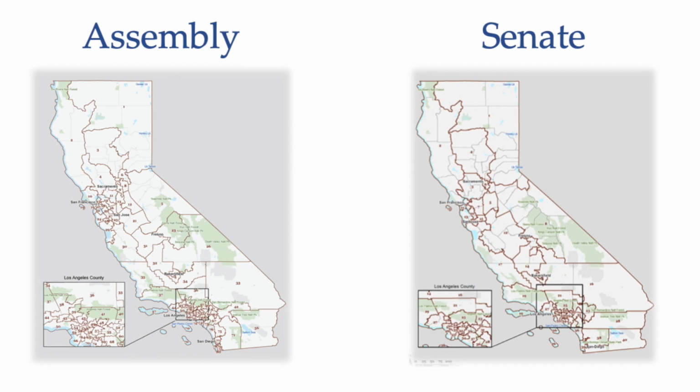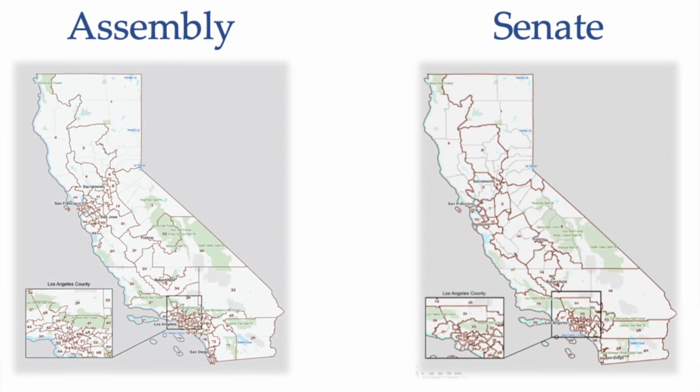There might be unique agriculture issues. There might be unique water issues. There might be some other issue that's specific to their district that most other legislators aren't concerned with because that's not something going on in their district. But each legislator has their own issues from their own district that they're concerned about.